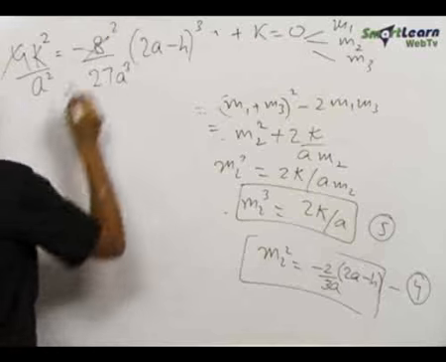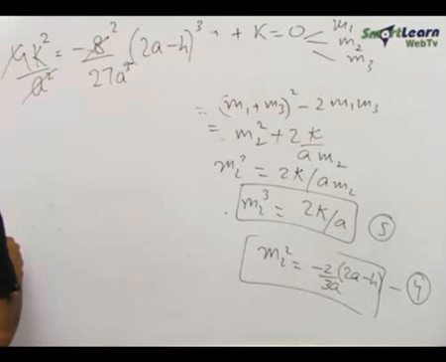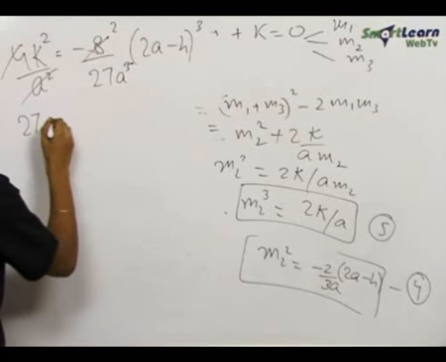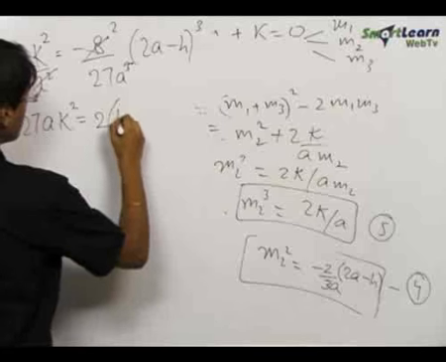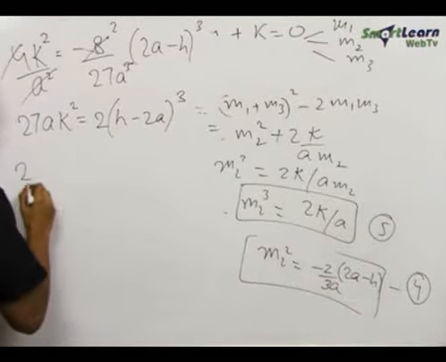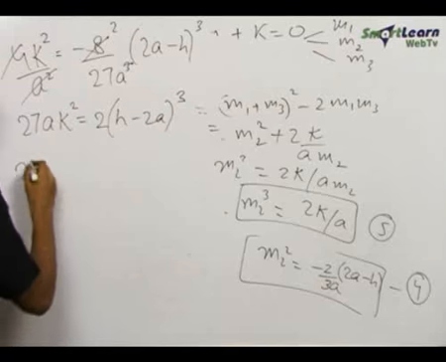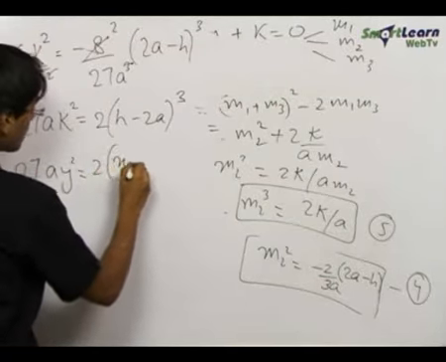This a square and a cube get cancelled, and we get 27ak square is equal to 2 times h minus 2a whole cube, or replacing h comma k by x comma y we get 27ay square is equal to 2 times x minus 2a whole cube.